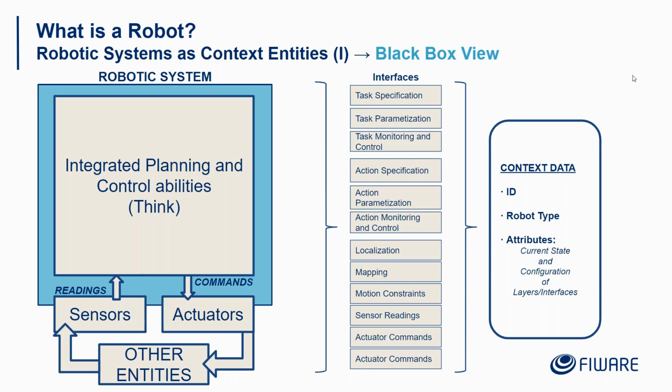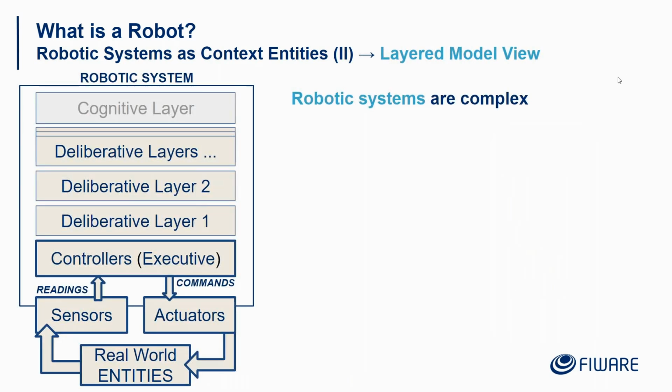This is the model for a black box view, but in general, robotic systems are too complex. So we need to deal with more structured models in order to get context data out from them or to put context data into them.